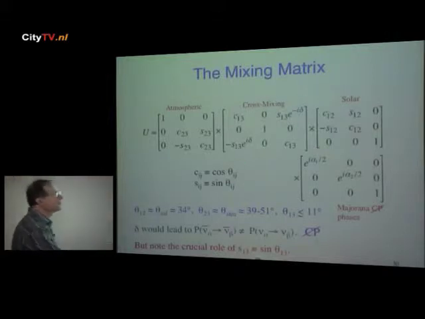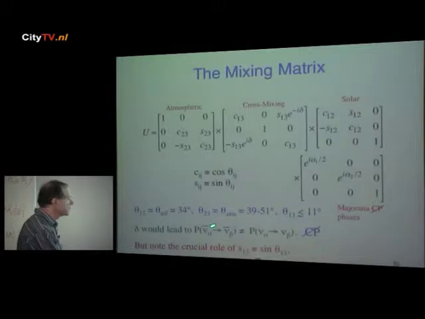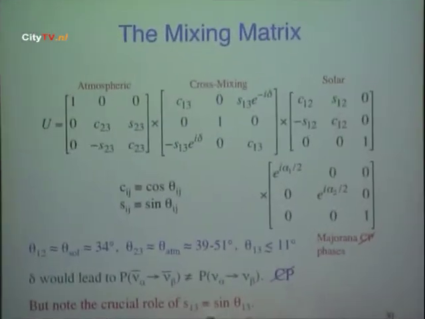This final factor can also involve a CP violating phase delta, and if it does, that will produce a CP violating difference between the probabilities for corresponding neutrino and antineutrino oscillation. These factors do not affect oscillation, but that one would cause a CP violation.